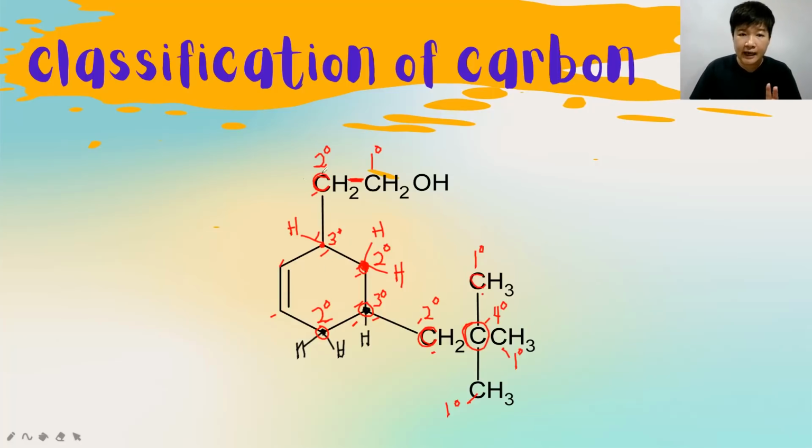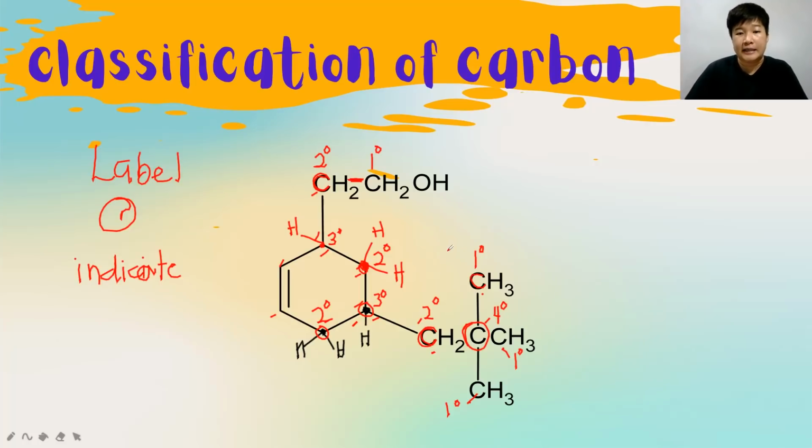The way that I answer right now is for when the question says label or indicate. When the question says label or indicate, then we label or indicate in the structure straight away. That is how we label and indicate.